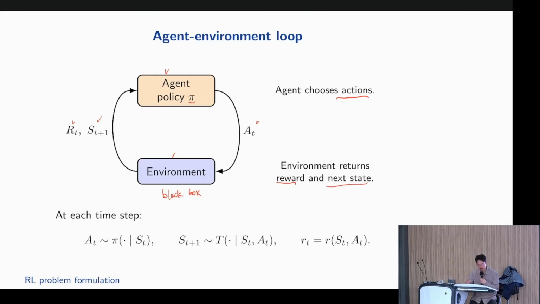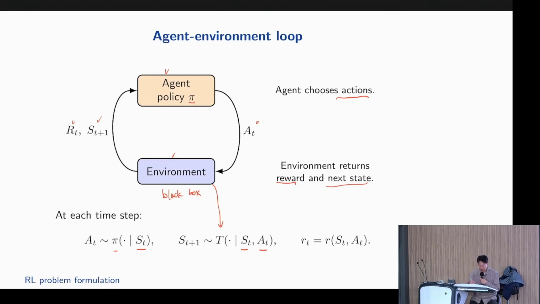So at each time step, this is the policy. Policy is a conditional distribution on actions. Conditional on your current state, it's a distribution on your next actions. This may be deterministic or stochastic, but the basic setup is that this is a probability distribution on actions. And the environment is a distribution on next states, conditional on the current state and the action.